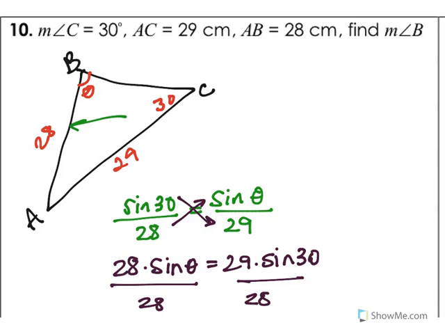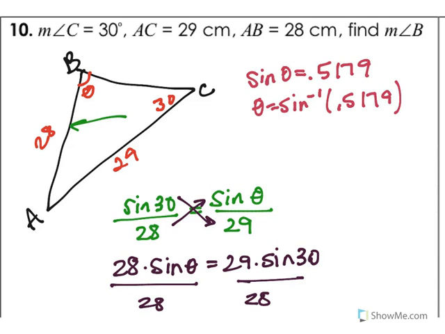So you have that sine theta equals 0.5179. All right, so then you're going to do the inverse. Theta equals sine inverse of 0.5179.